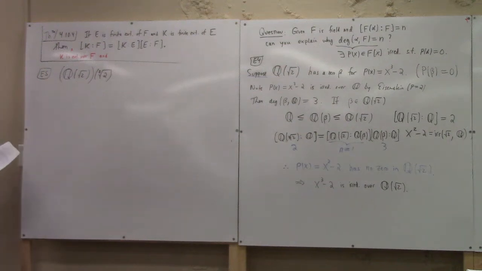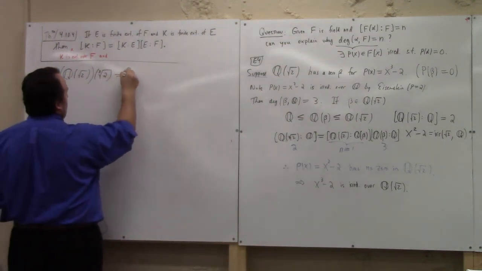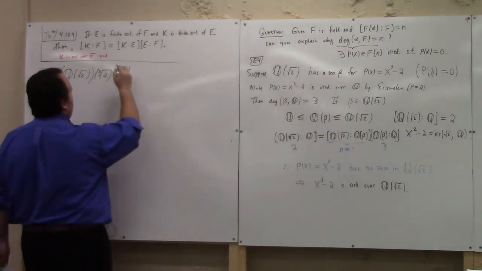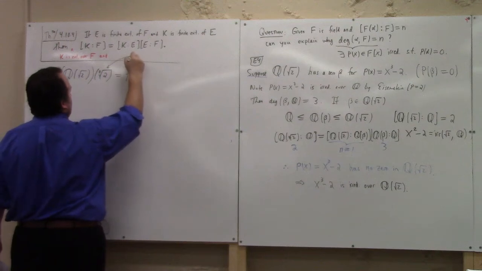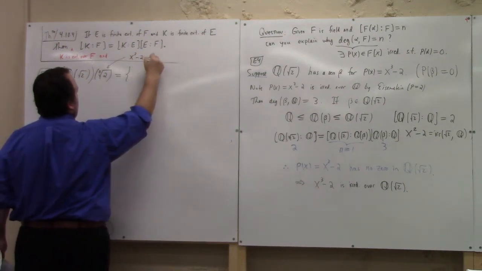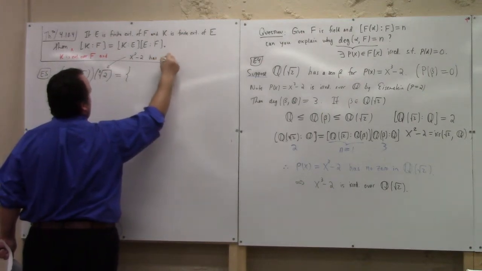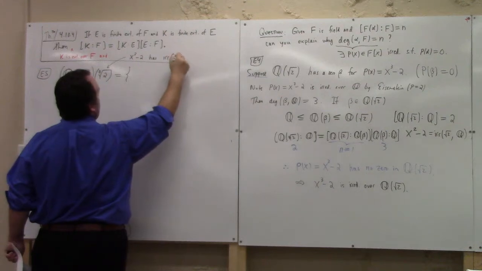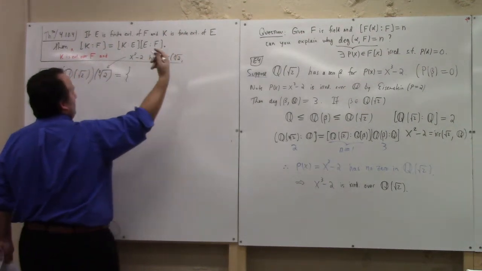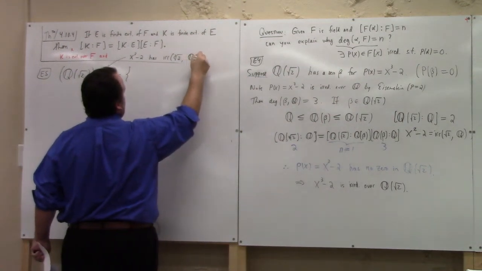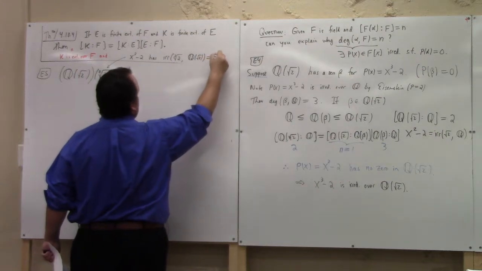All right, so what would that look like? Building off my example 4, we just learned that x cubed minus 2 is irreducible. Notice that the irreducible polynomial for the cube root of 2 over Q adjoin square root of 2 is x cubed minus 2.